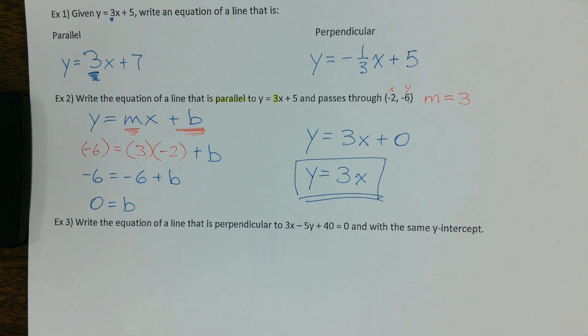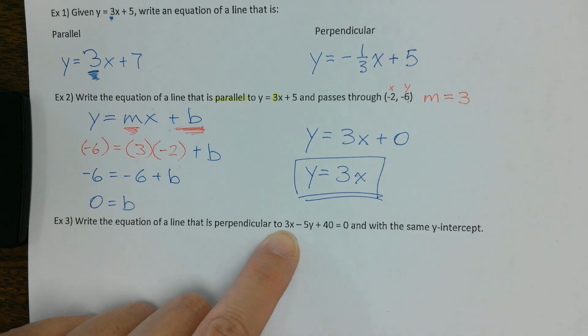Brendan. Okay, so first up, what is my slope right here? Is my slope 3? Okay, who says my slope is 3? Because it's 3x, so my slope is 3. Okay, why not?